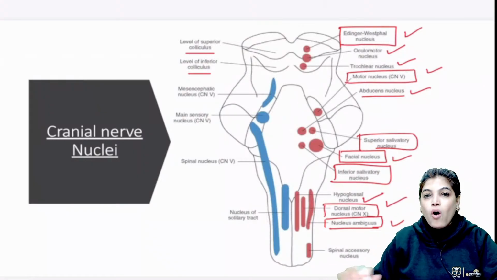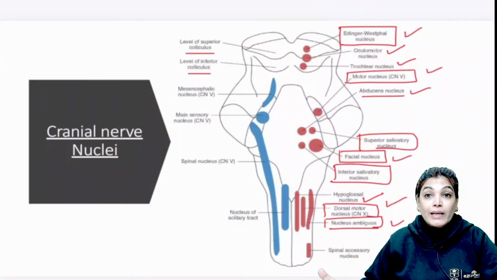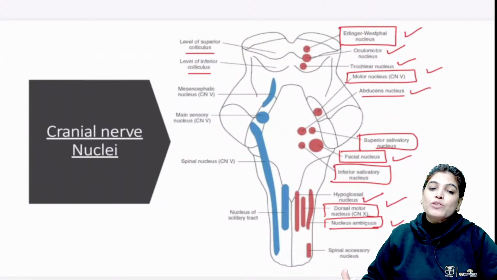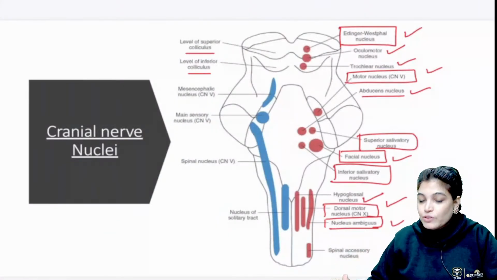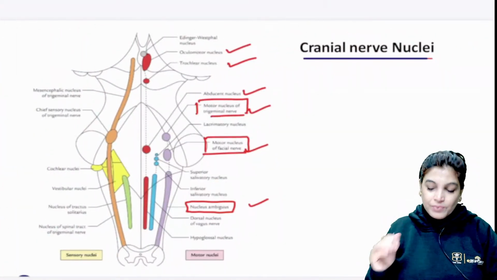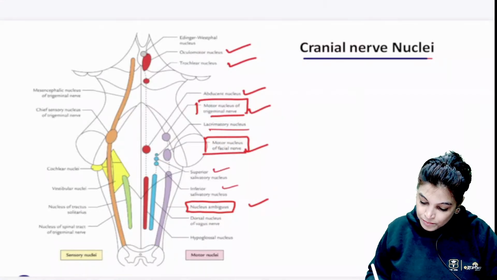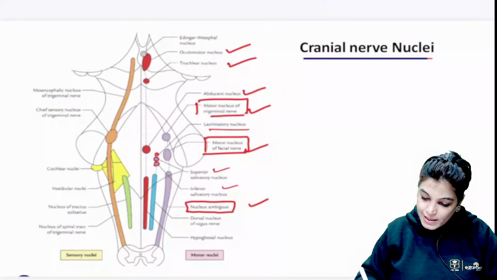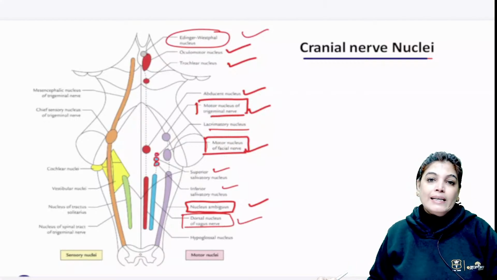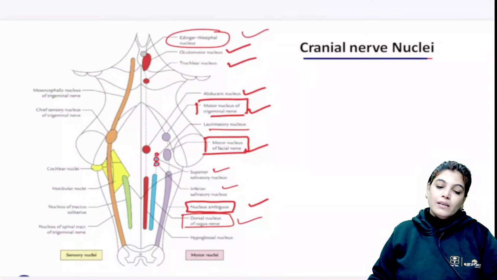You can see all the motor nuclei shown. The Edinger-Westphal nucleus is in the midbrain, the superior and inferior salivary nuclei like the lacrimatory nucleus are in the pons, and the dorsal nucleus of vagus is in the medulla. Here again different colors have been used. So we are done with all the motor or efferent nuclei.